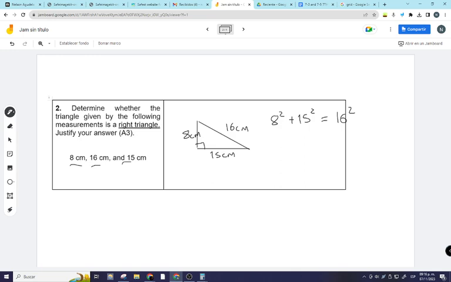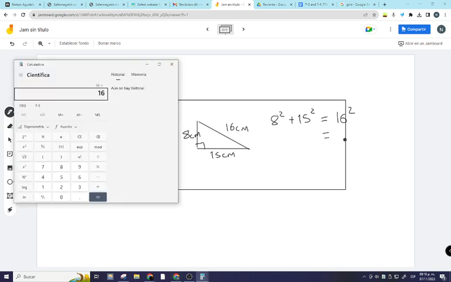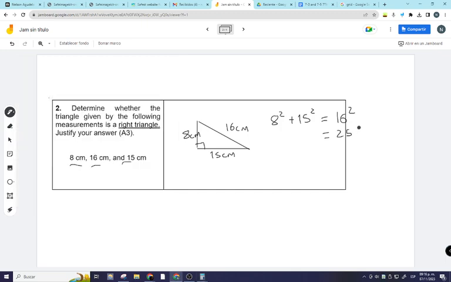Let's confirm. First of all, what is 16 squared? Okay, let's do it. 16 by 16. 256. Okay, and what is 8 squared? That's 64.